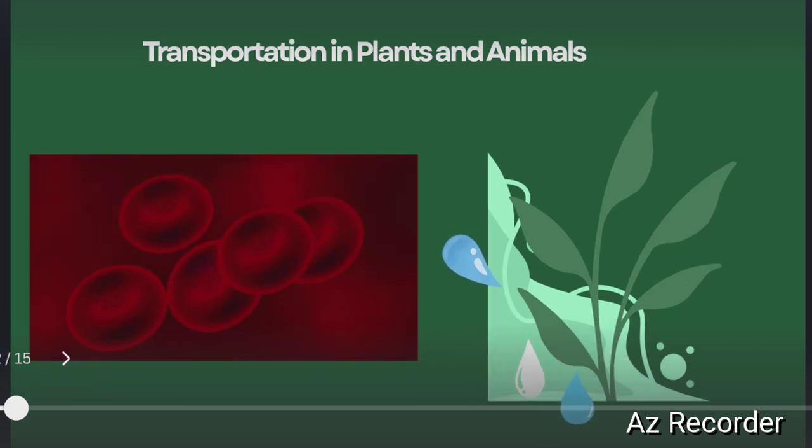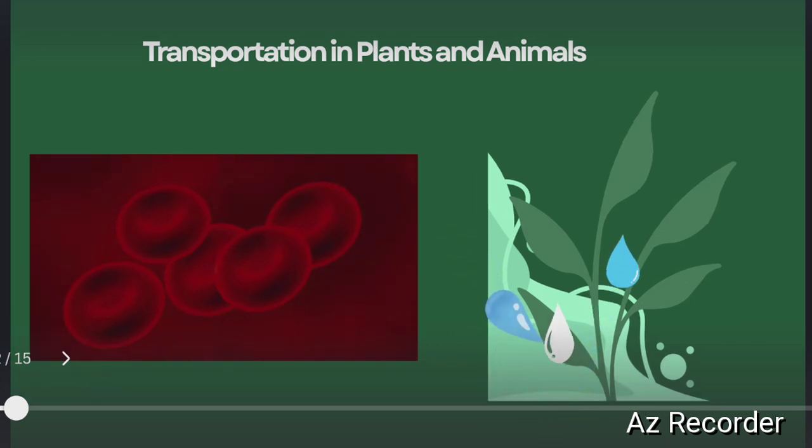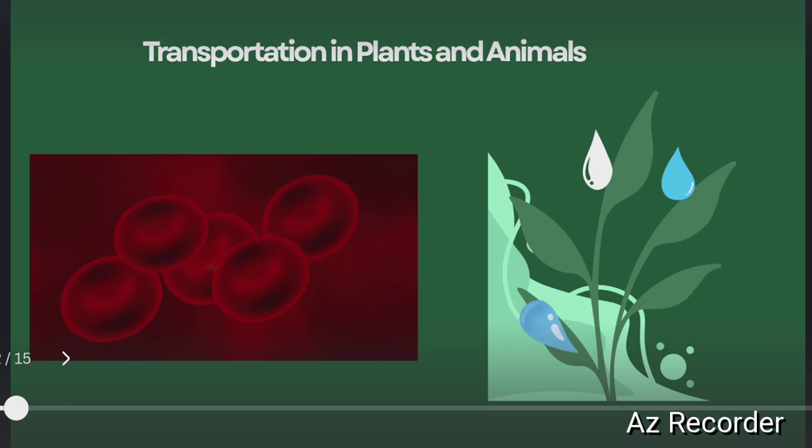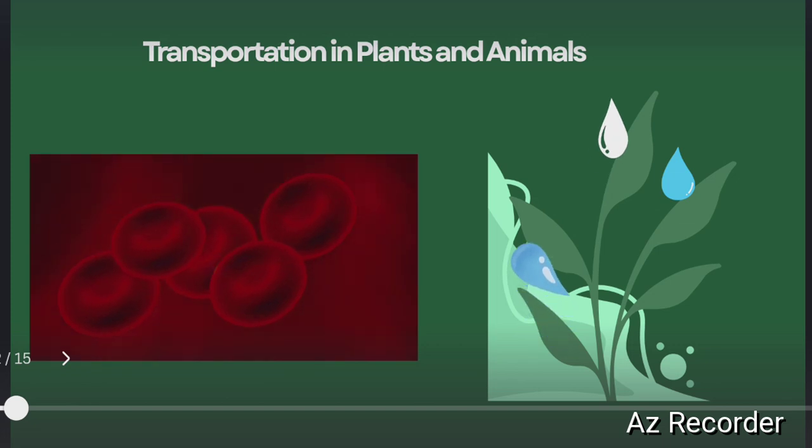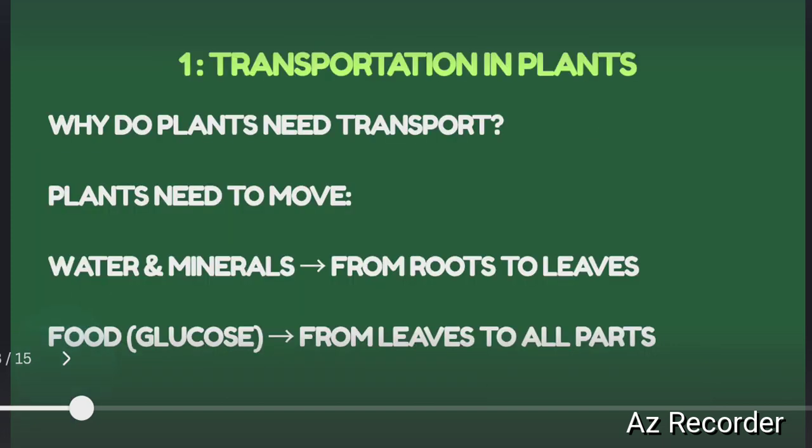So, transportation in plants and animals. Why do plants need a transport system? Plants need to move the food and the water molecule.